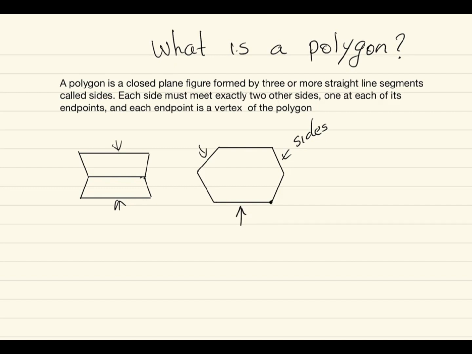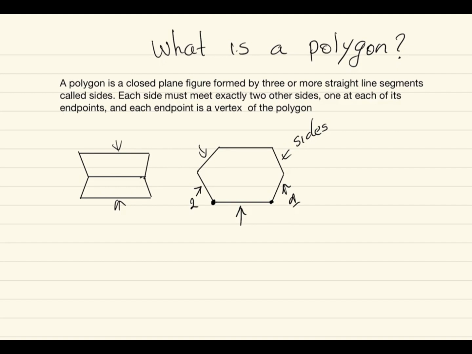So this is the one endpoint of it, and this is another endpoint. You can see it meets this side and it meets this side, right? So that's one, that's two. So it meets two other sides, one at each of its endpoint. That's a very important thing to remember because that's required to define a polygon.